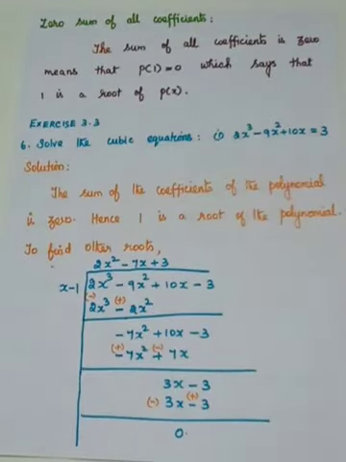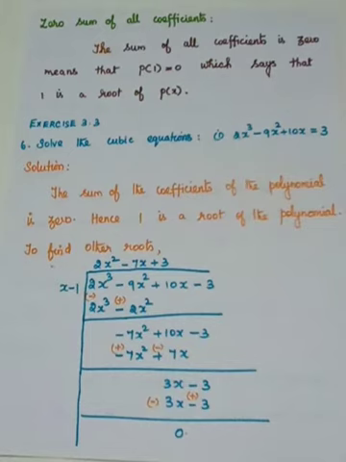So next one. So first here, zero sum of all the coefficients. See what is it? Zero sum of all the coefficients. If you add all the coefficients in the polynomial equation and it is 0, then what you are going to do?